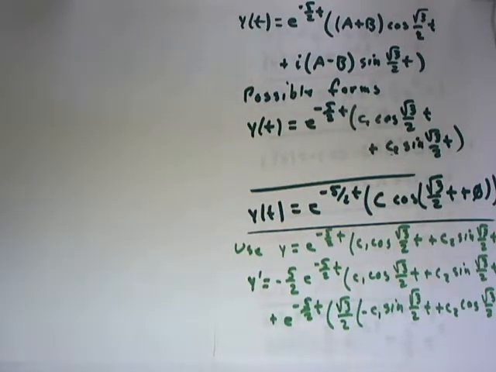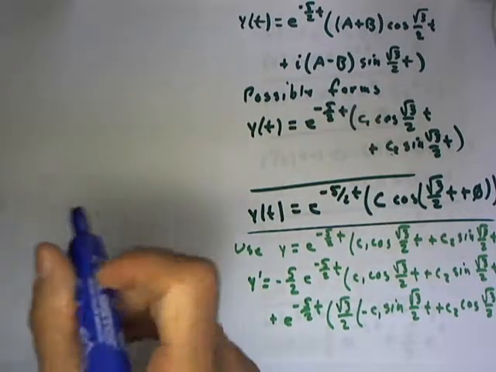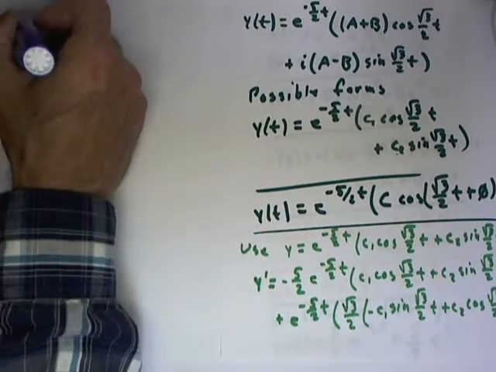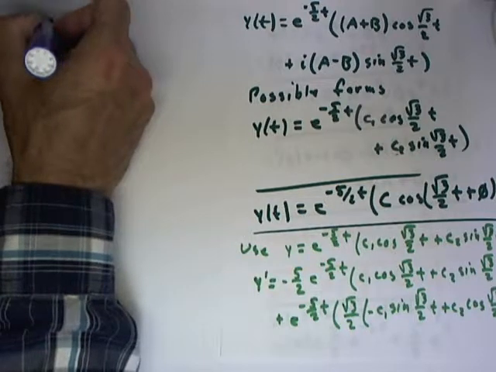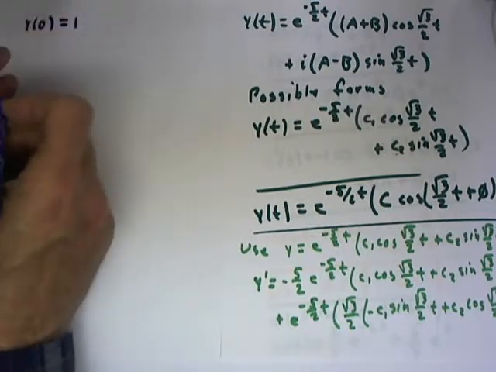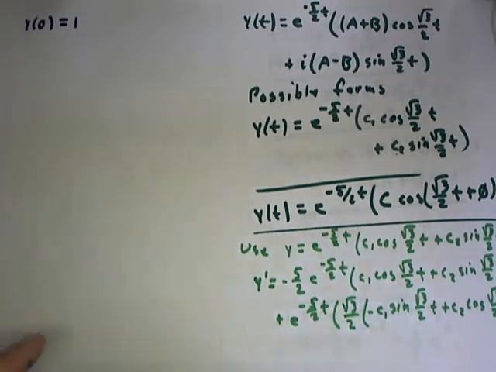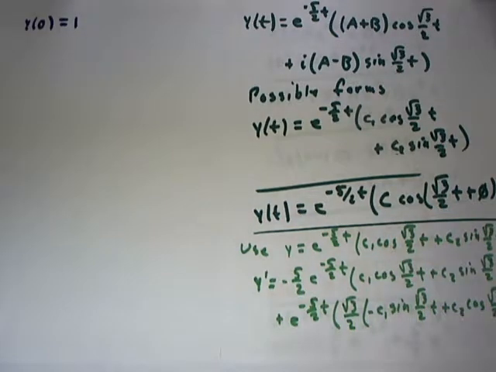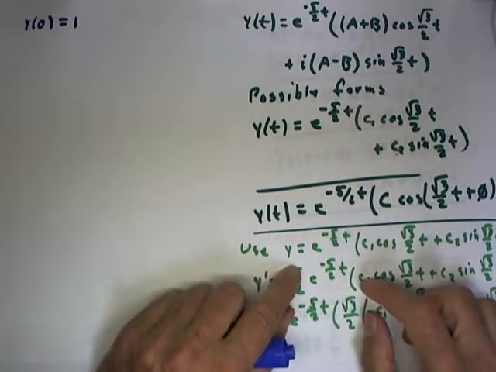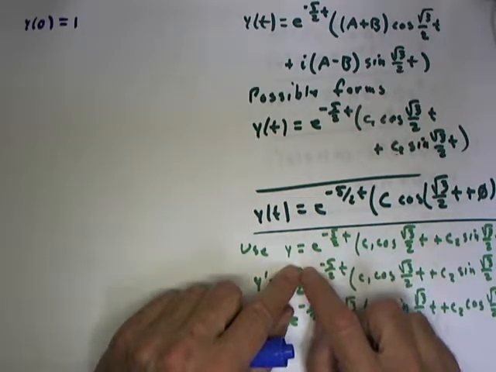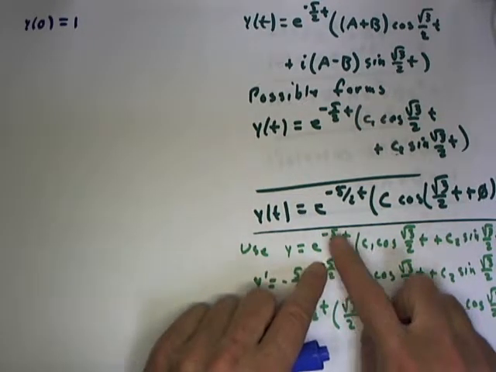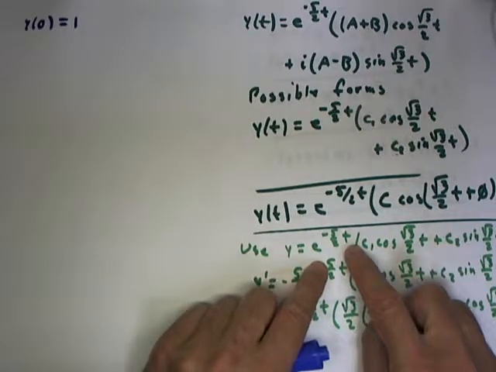Now we're going to apply the initial conditions to this function. The first initial condition is that y of 0 equals 1. Well, for y of 0, we could write out all the terms, but I'm going to skip that, and I'm just going to point. If t is 0, then e to the negative 5/2 t is e to the 0, which is 1.